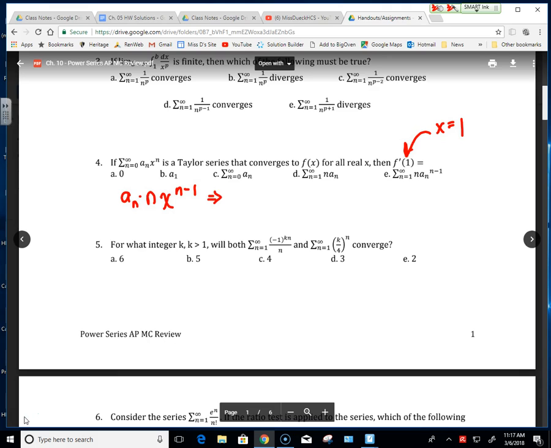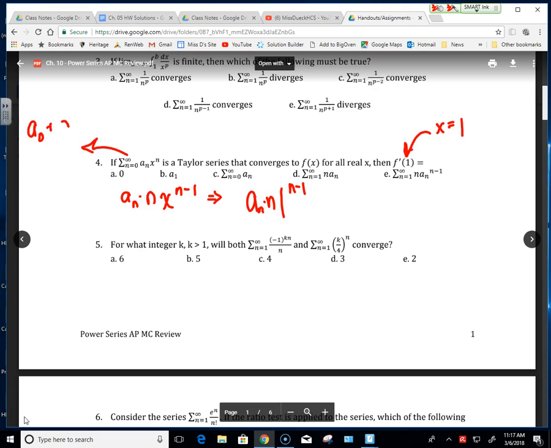Okay, so I'm going to have 1 to the n minus 1. I'm going to have a sub n times n, but what's my series? Okay, hold on. If I plug in 0, what's my first term? A sub 0, right? It's a constant because it's x to the 0.